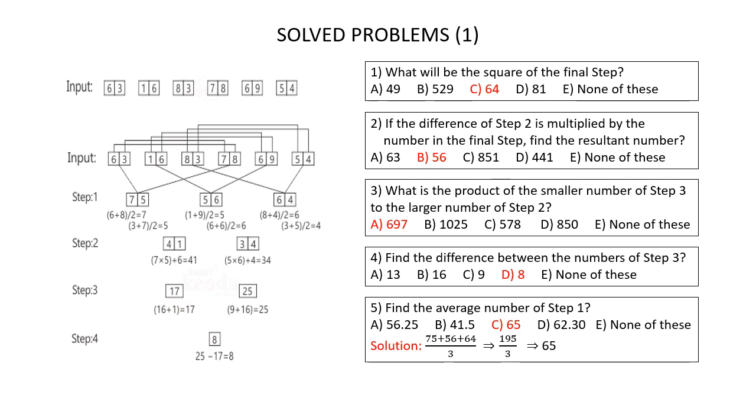That is 4 squared plus 1 squared is 16 plus 1, which is 17. So 17 is the first number of step 3.